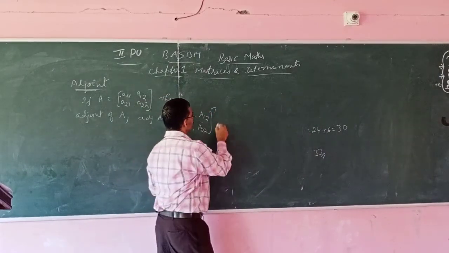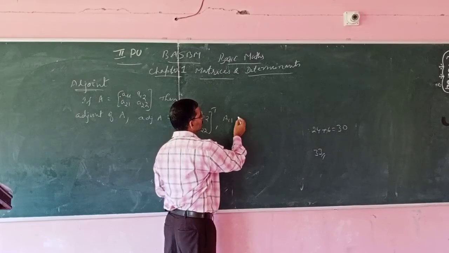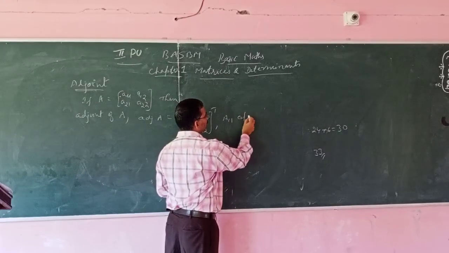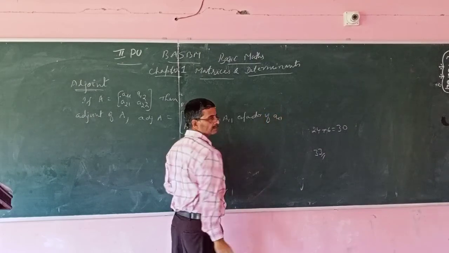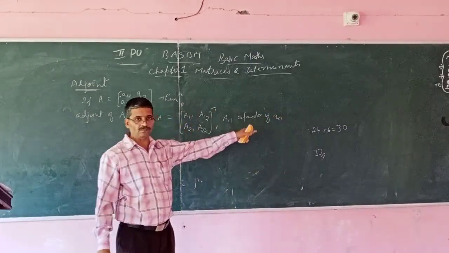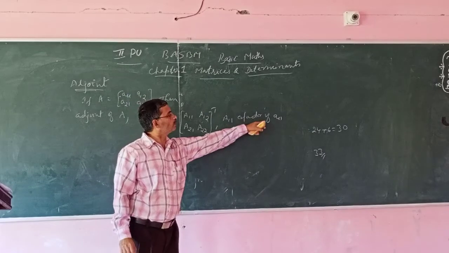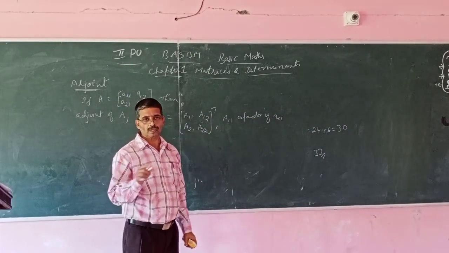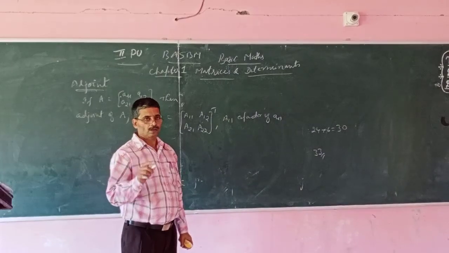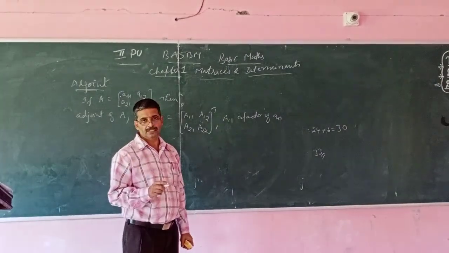Capital A11 stands for the cofactor of a11. What is the cofactor of a11? It is minus 1 to the power 1 plus 1 times M11.